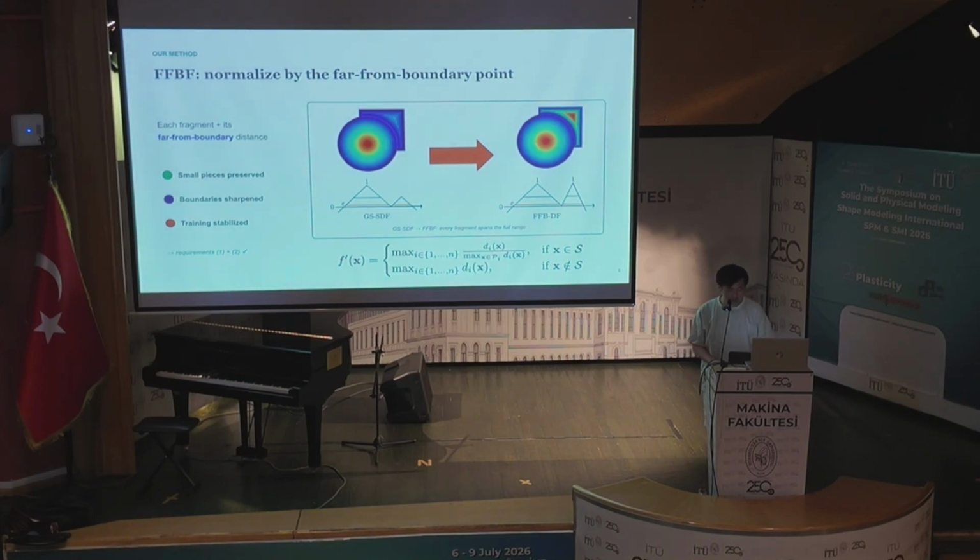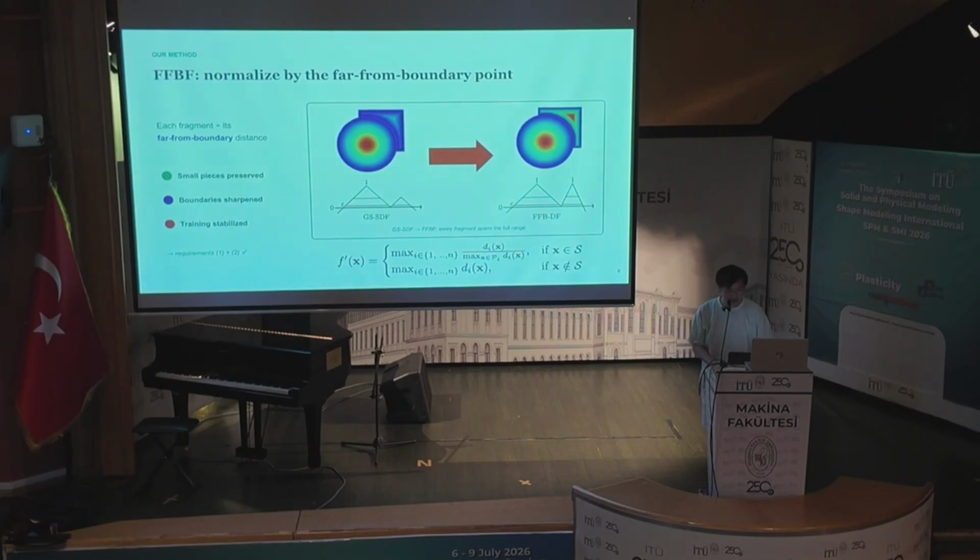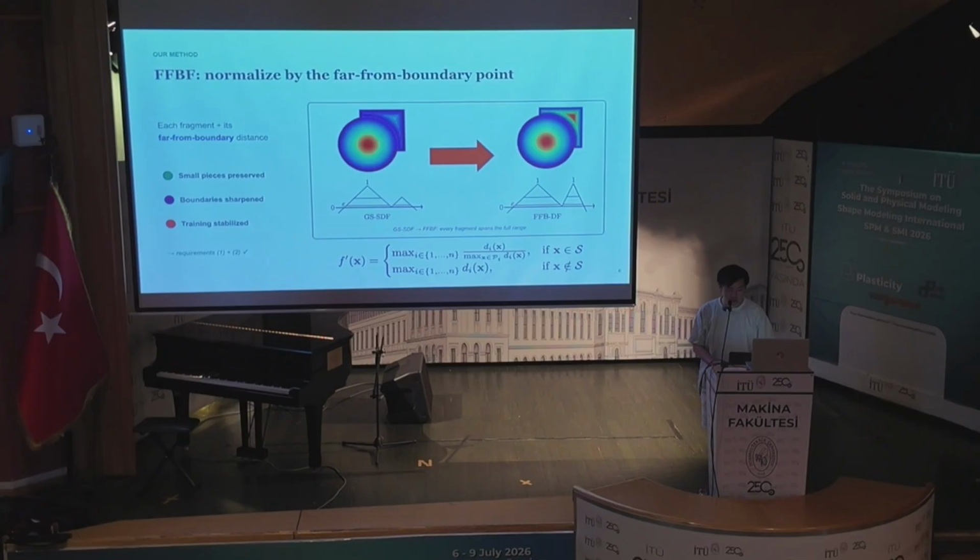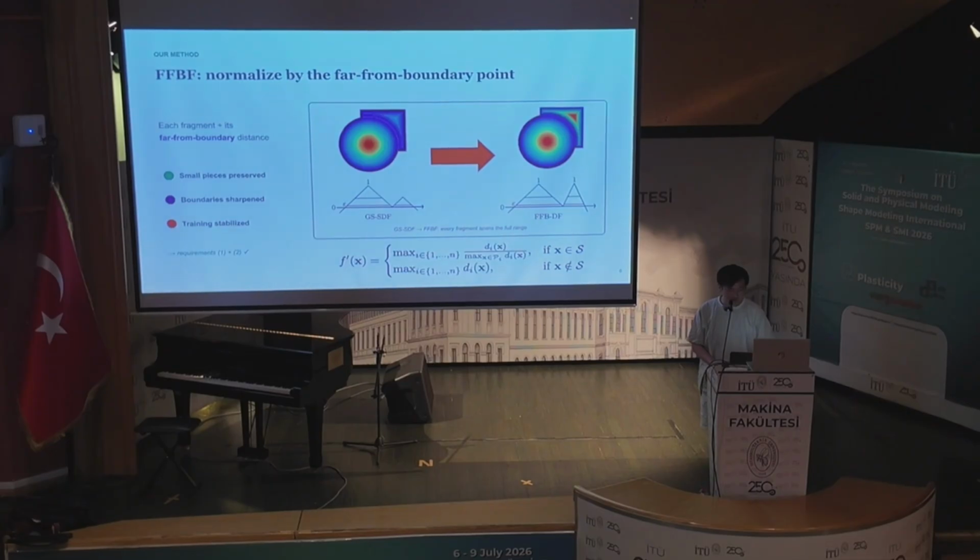Under the GSSDF, the small fragment peaks well below 1, a value like 0.4 or something like that. But under the FFBF, both fragments peak at exactly 1. So small pieces survive, boundaries stay sharp, and training should be stable. According to this design, requirements one and two can be satisfied at the same time.